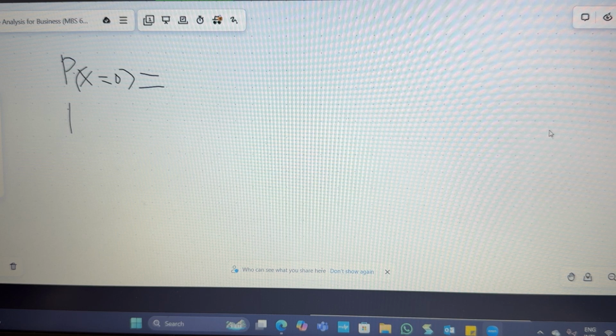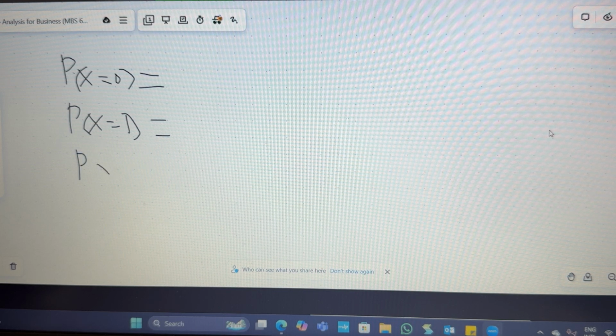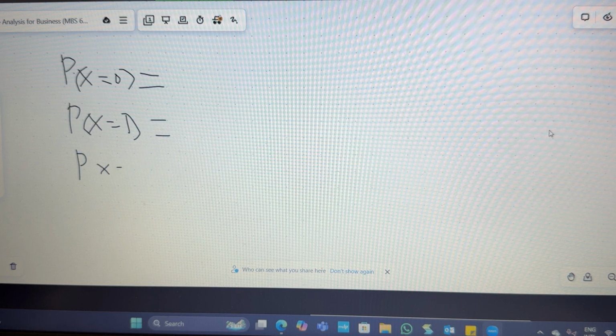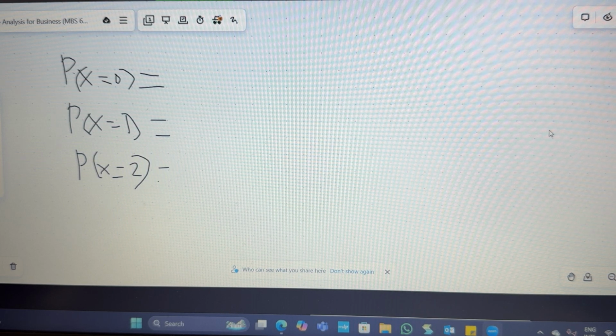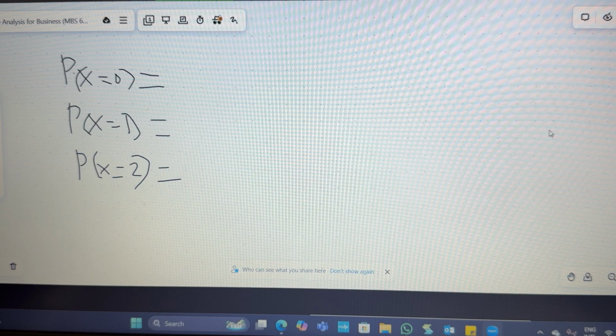Then P of x equal to 1, you have the answer. Then P of x equal to 2, you have the answer. Then you add all these 3.